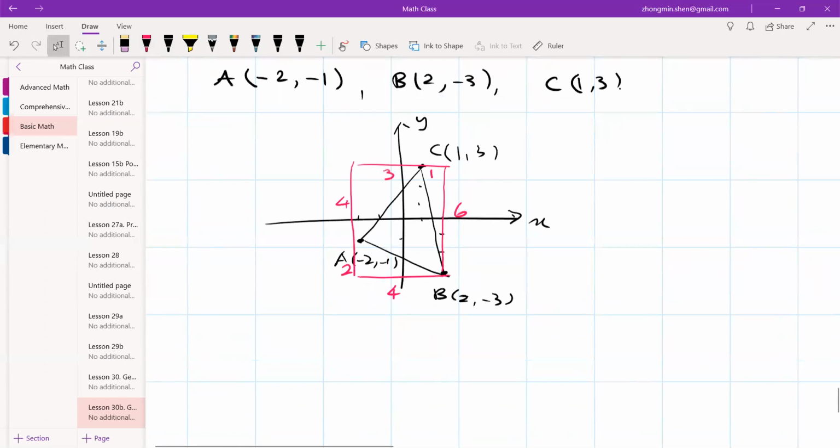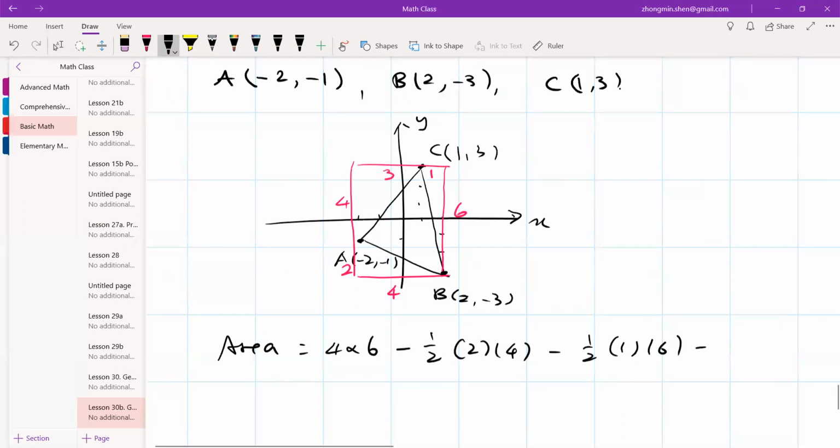Okay, so someone already gave me the answer 11. Let's try. The area is going to be the area of the rectangle, 4 times 6, minus the area of the small triangle at the bottom, minus the area of the triangle on the right, minus the area of the triangle on the left top.